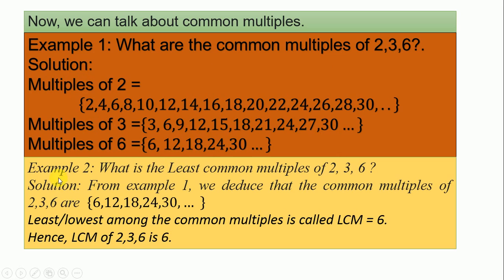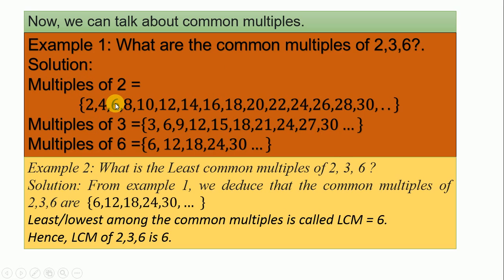We can now go further. Look at this second example. We are trying to look for the least common multiple of 2, 3, 6. And from example 1, where we were able to state out the multiples of 2, 3, 6, we deduce the common multiples to be 6, 12, 18, 24, and 30.